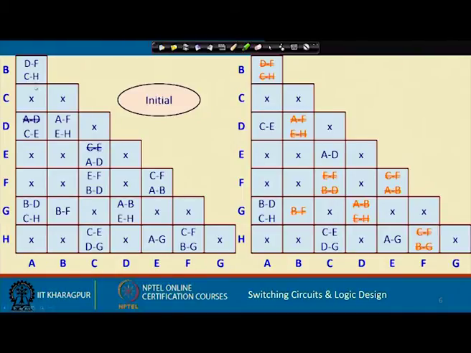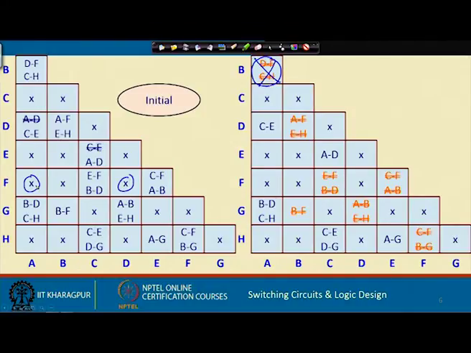Like I said, D F: you see D and F there is a cross mark here. So, this will also get cancelled out, meaning I am putting a cross here also. Similarly, look at this cell A F and E H: A F has a cross. So, this also gets cancelled out.